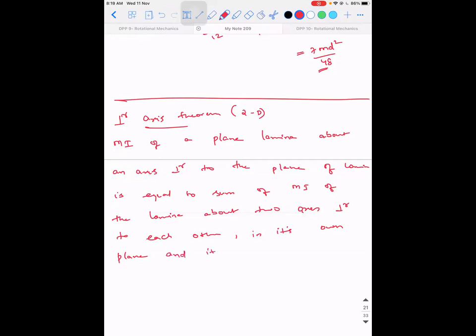And they should intersect at the point where the perpendicular axis is considered.